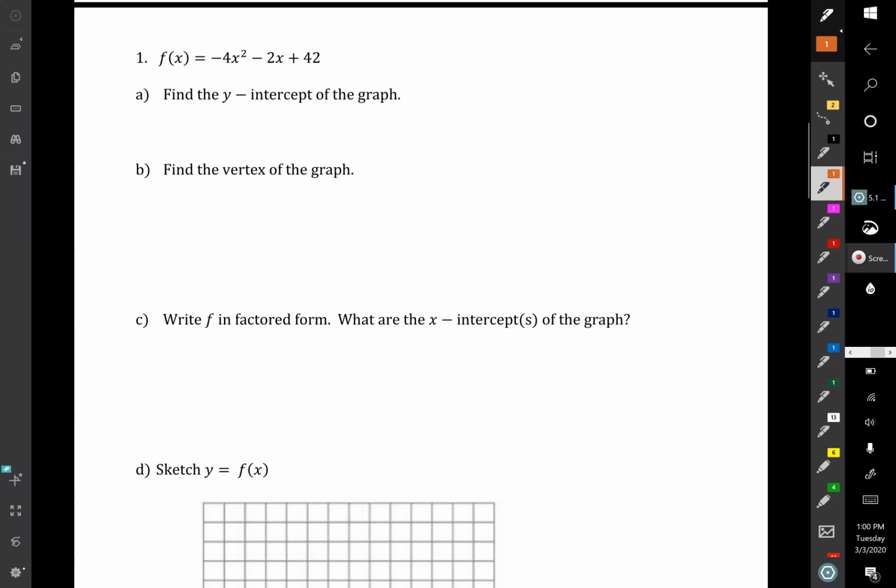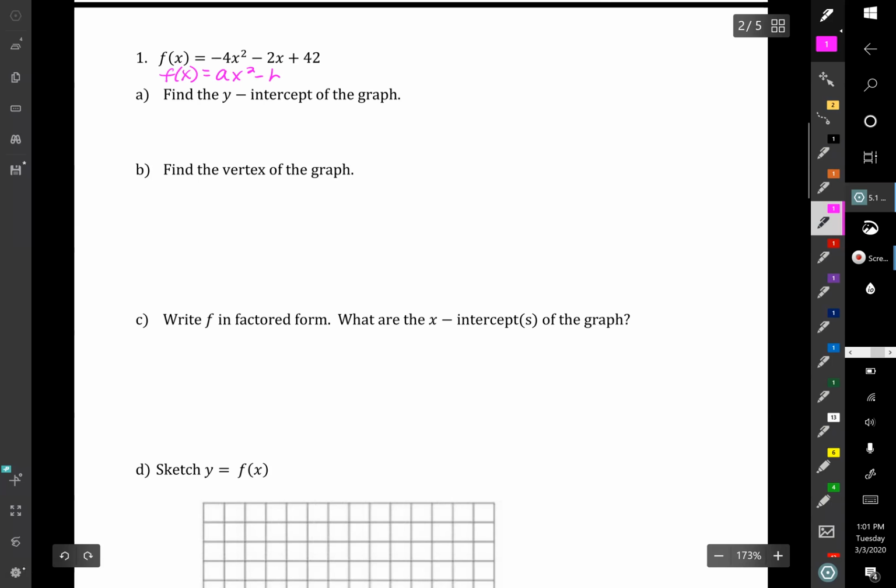We know that our form is f of x equals ax squared minus bx plus c. Based on the notes that we were given, when it's in this form, we can find the y-intercept pretty easily by plugging 0 in, and we would end up with just whatever c is.